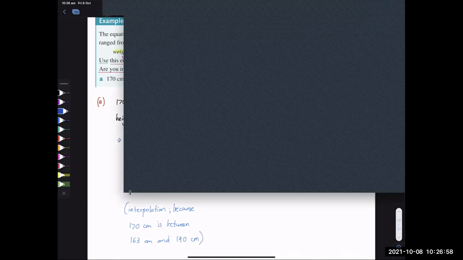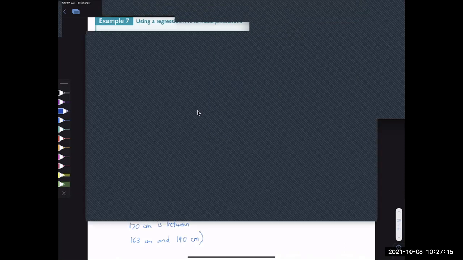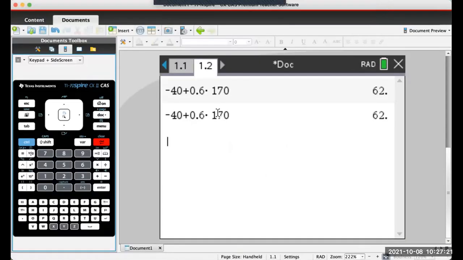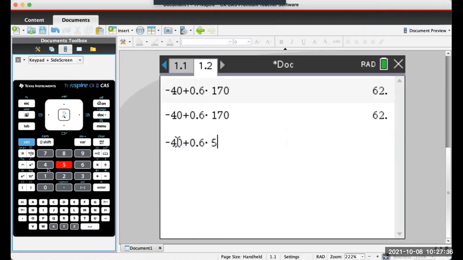So I'm just going to go to my CAS here. I know there's a block over the screen. Just bear with me. I'm just going to type it in. So -40. Okay, I'll tell you a trick here. If you can't be bothered typing it again, and you've already got the calculation out there, but you had a different value substituted, just press up until you highlight that line, press enter, backspace, and the value that changed, it was 170, changed to a 65.